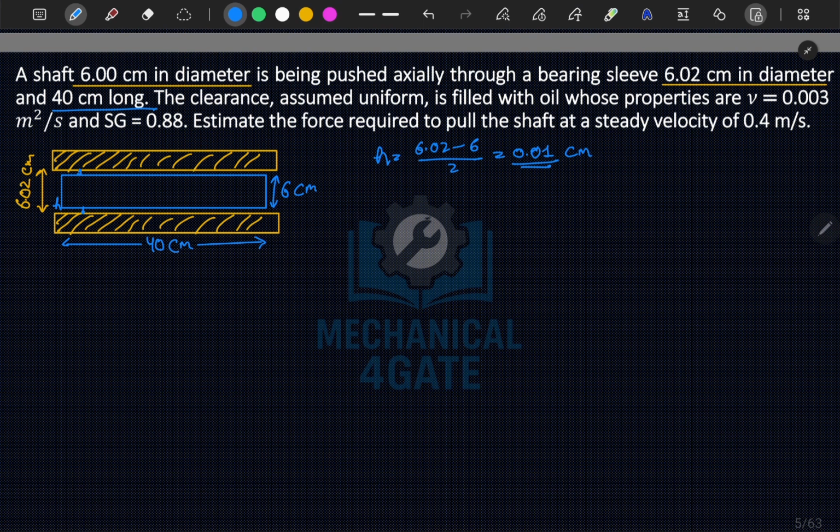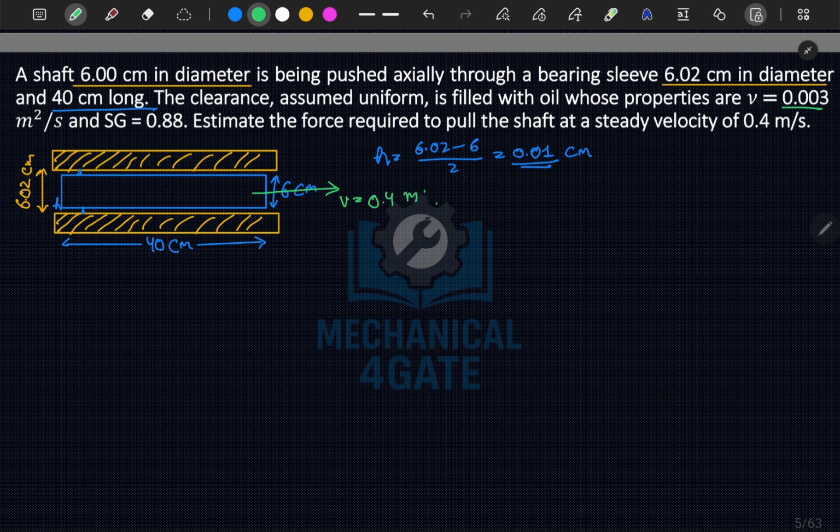And the velocity with which your shaft is being pulled is given as, sorry, this is mu. The velocity is 0.4 meter per second.